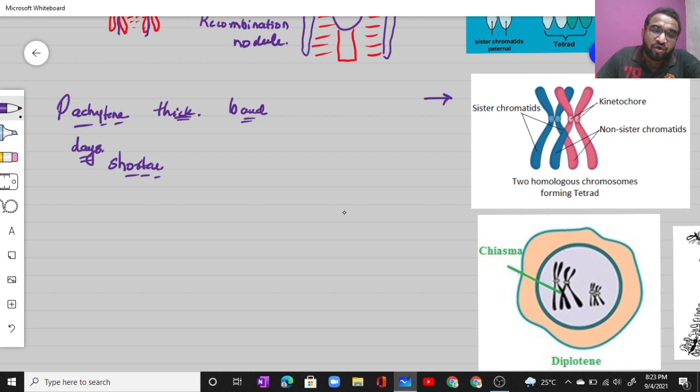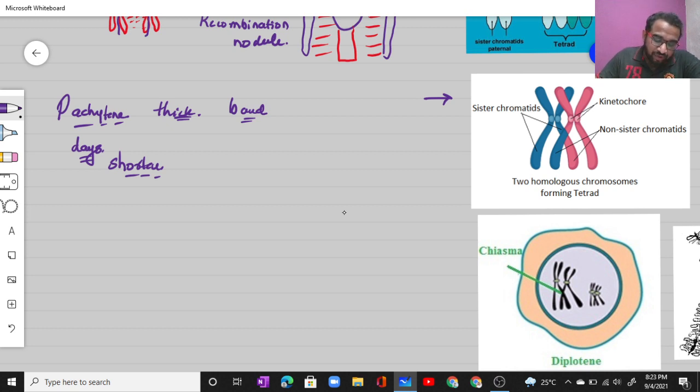Now we have already studied that each bivalent is made up of four chromatids, right? So here are the four chromatids that we can see over here. Now dense areas, dense means very thick, appear on the chromatids, on the bivalents over here, which are called the recombination nodules. We studied in the previous zygotene stage that the recombination nodules were present.